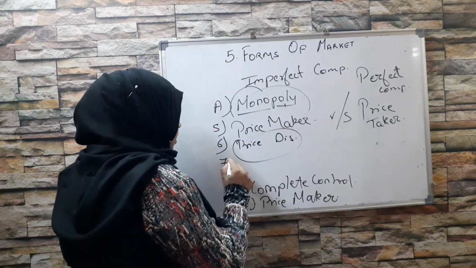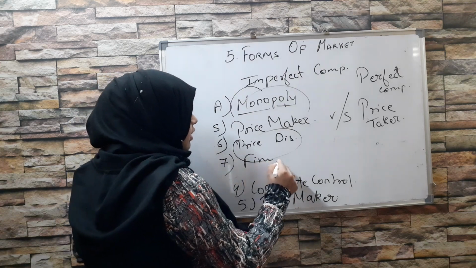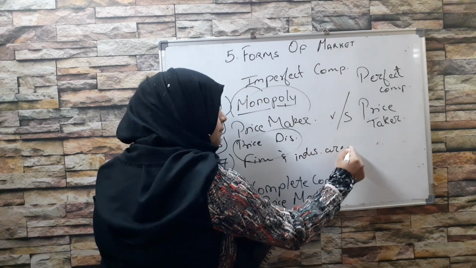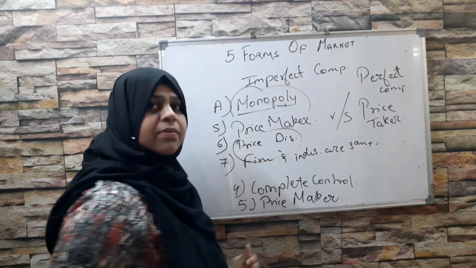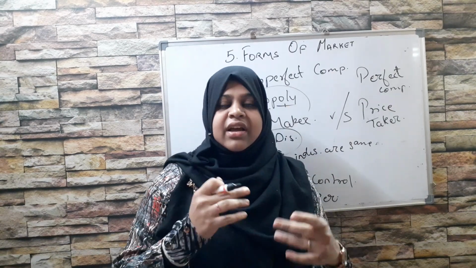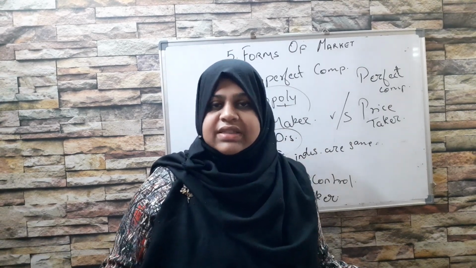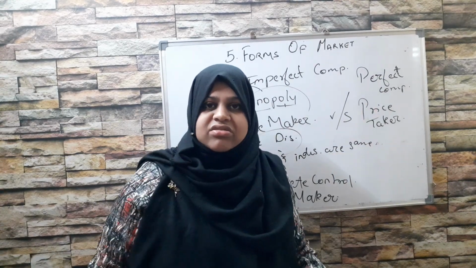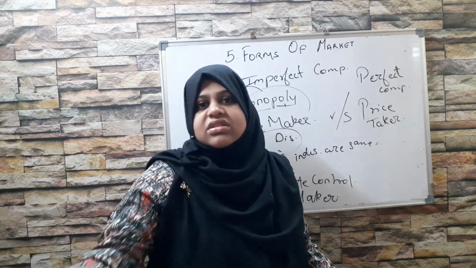Last point, firm and industry are the same, because the producer himself is the seller and there are no other producers, there are no other sellers. So the only person who is producing, who is the industry, is the same person as the firm himself.